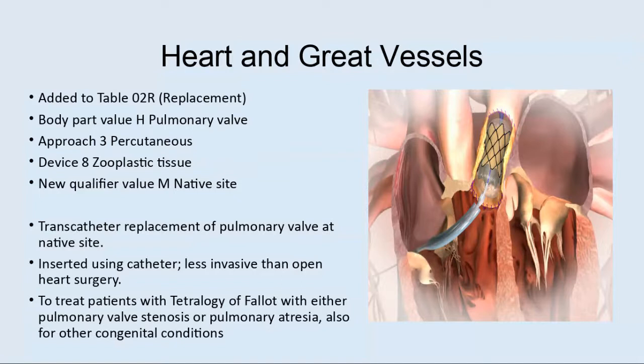This is a really good alternative to open heart surgery, which has a lot more risk. This is performed on patients with tetralogy of Fallot, with either pulmonary valve stenosis or pulmonary atresia, and also for some other congenital conditions involving this valve. So this is use of a catheter instead of open heart surgery.